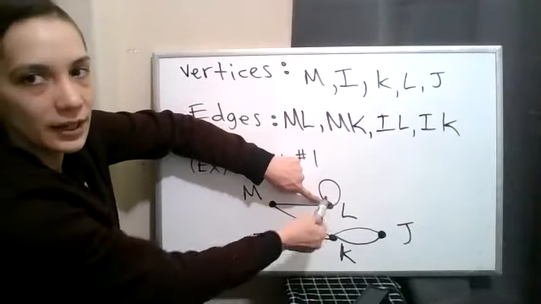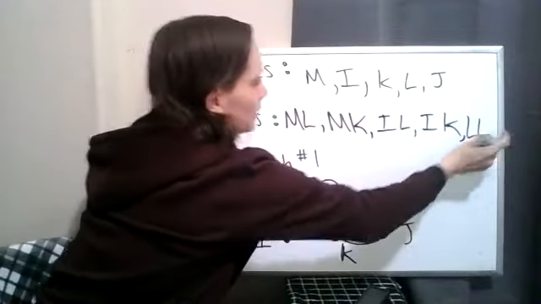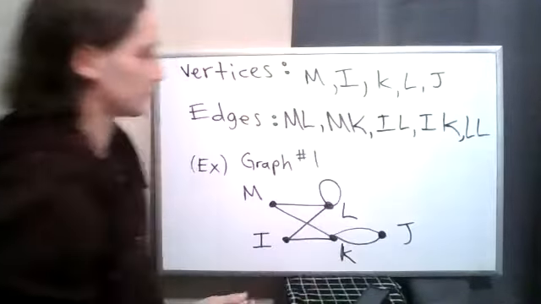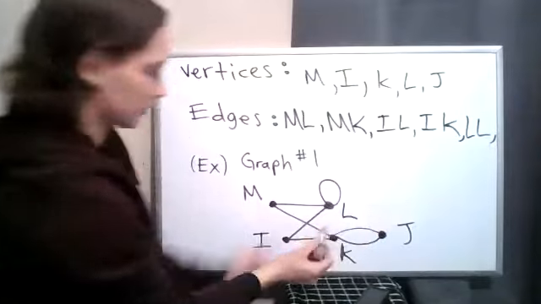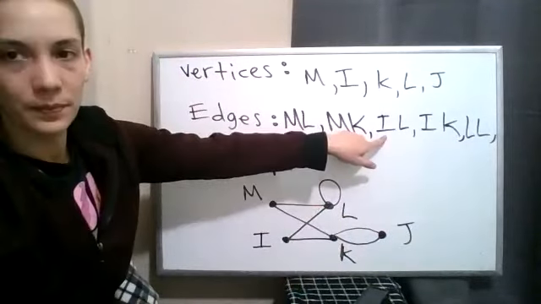L goes to L, which would be written like L, L. Loop. And then L goes to I, which is right there.